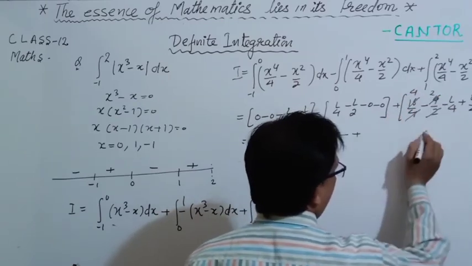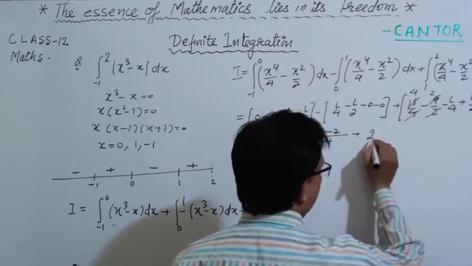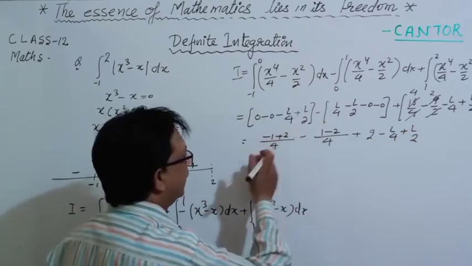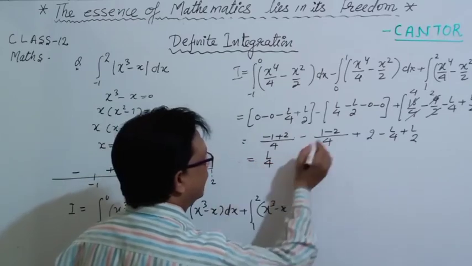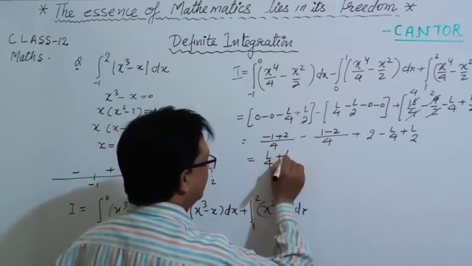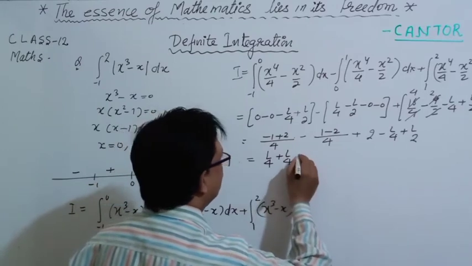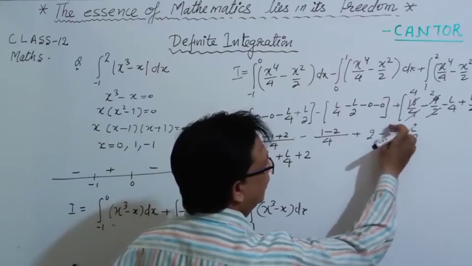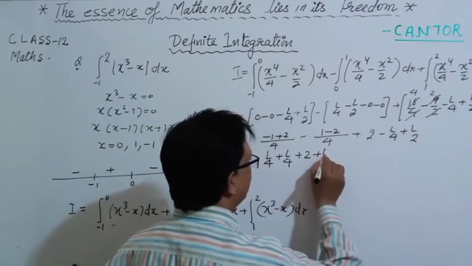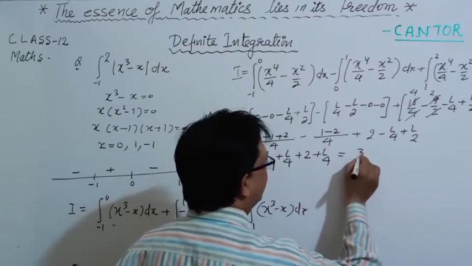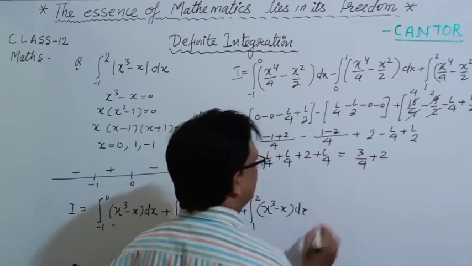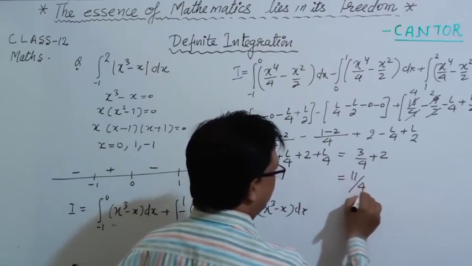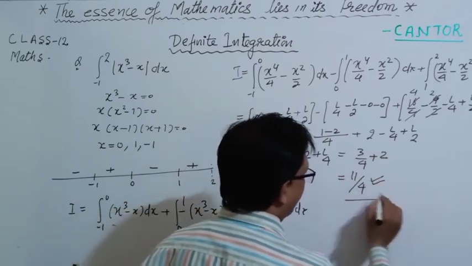This is 2, and 4 minus 2 is 2, minus 1 by 4 plus 1 by 2. Student, we add this: 1 by 4 minus 1 by 4 plus 1 by 4 and plus 2, taking LCM we get this is also 1 by 4. So here we get 3 by 4 plus 2. 8 and 3 is 11 by 4. 11 by 4 is your final answer.